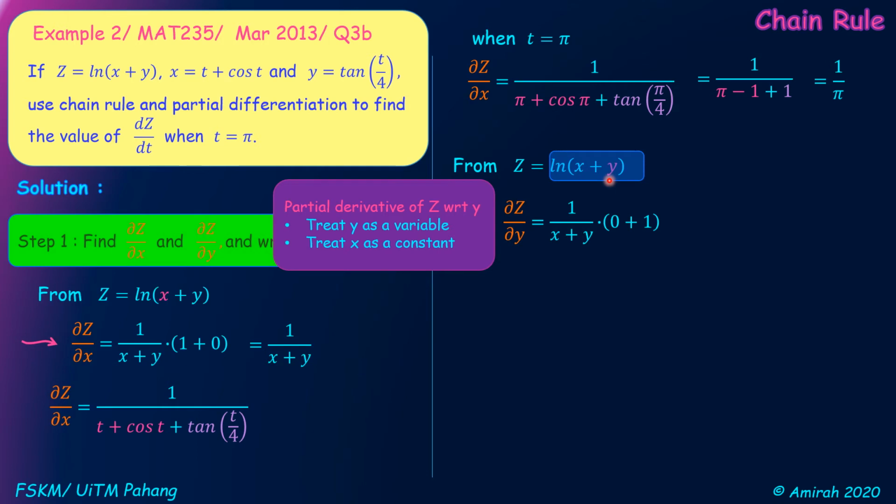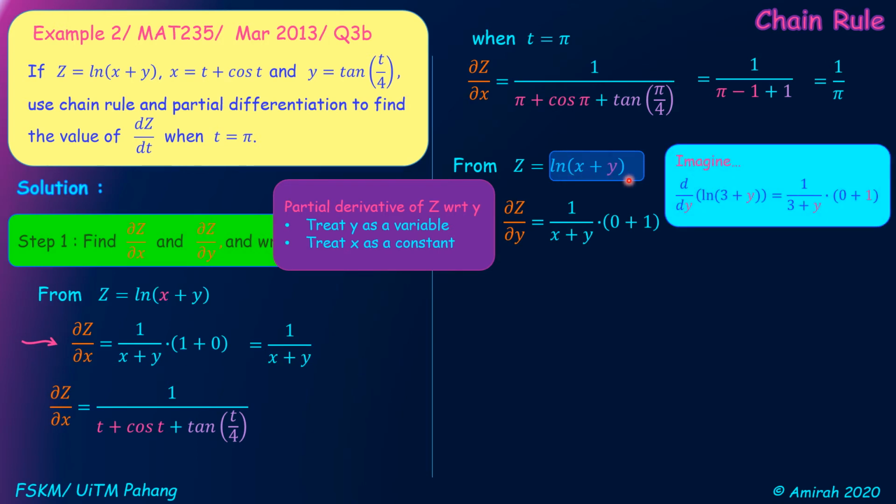To differentiate ln(x + y), we can imagine, let's say x here is constant, so we replace it by 3. We assume it equals 3, and then plus y, and then we differentiate with respect to y. So we have 1 over (3 + y). Then we differentiate the function inside ln.